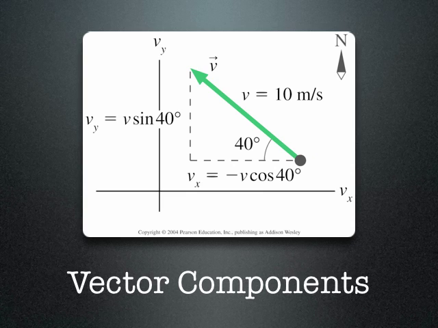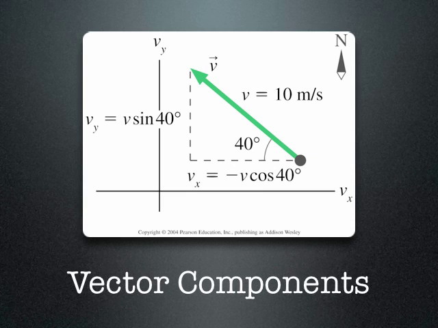If a vector points at an angle, we can break that vector into what we call components, where the vector is now the hypotenuse and the components become the sides of a right triangle. Our velocity vector is the hypotenuse, and we use Pythagoras' theorem and sine, cosine, and tangent to relate the sides and the angles of a right triangle.